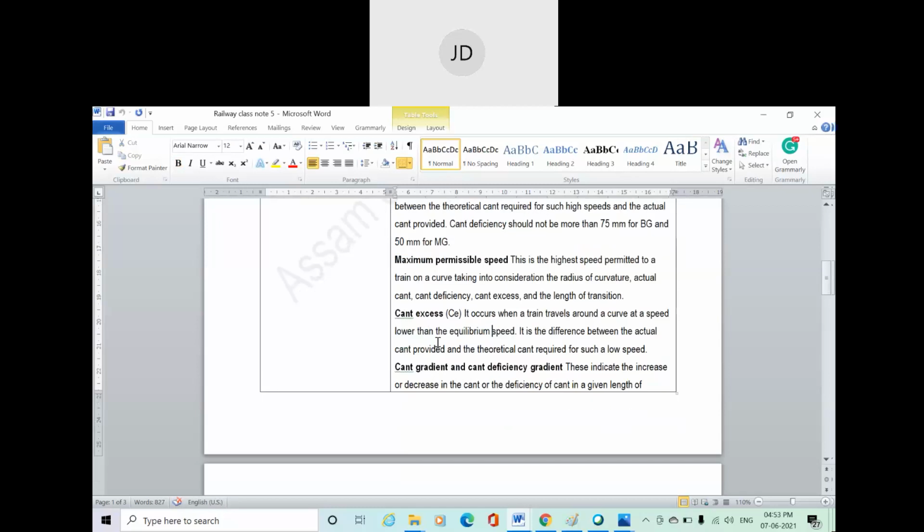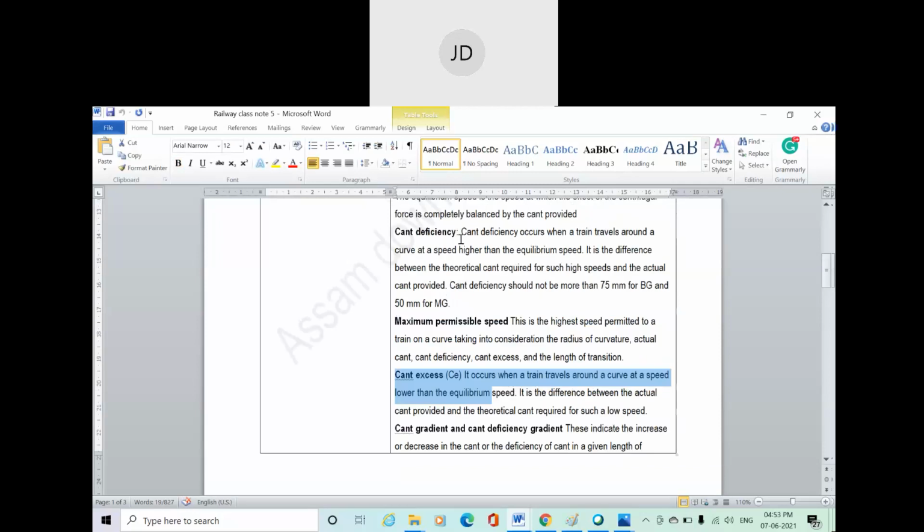Next, cant excess. These things are similar to cant deficiency, just a little different. It occurs when a train moves around a curve at a speed lower than the equilibrium speed. A particular railway track is designed for a particular speed. Now, if you are moving a train lower than the equilibrium speed, whatever superelevation is provided is provided in excess.